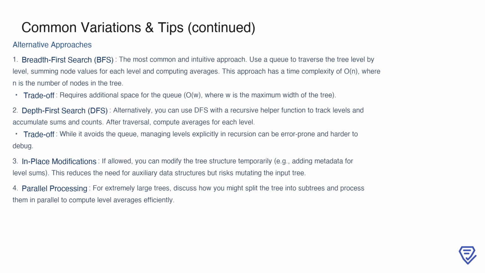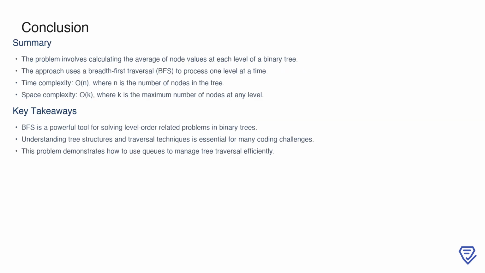Each of these methods has its trade-offs, so choose the one that best suits the problem constraints and requirements. In summary, this problem showcases the use of breadth-first traversal to calculate averages across tree levels. It emphasizes the importance of BFS for tree-related problems and managing traversal efficiently with queues.